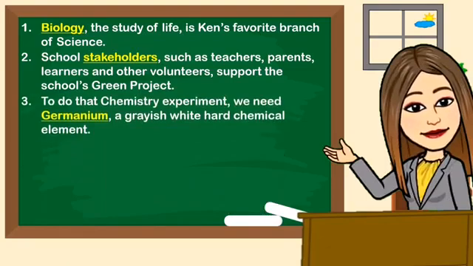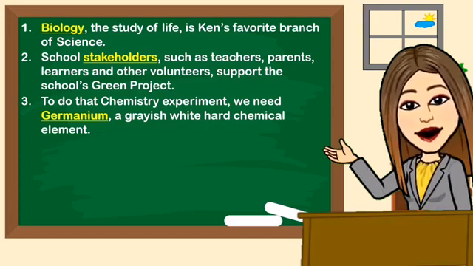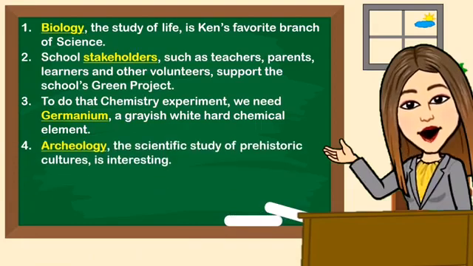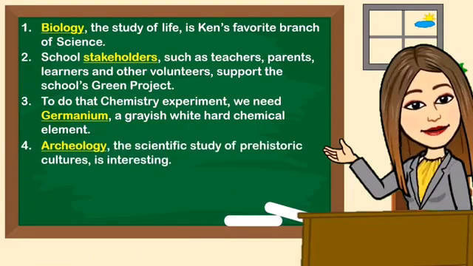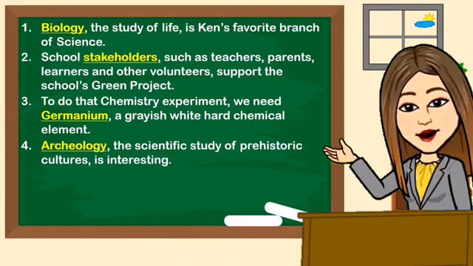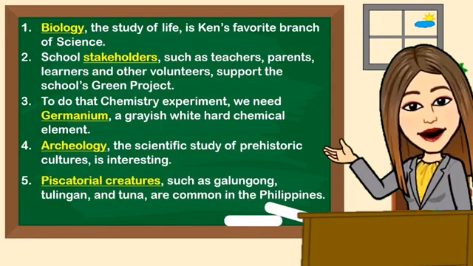Number 3. To do that chemistry experiment, we need germanium, a grayish-white hard chemical element. The unfamiliar word in number 3 is germanium. Number 4. Archaeology, the scientific study of prehistoric cultures, is interesting. The unfamiliar word in number 4 is archaeology.